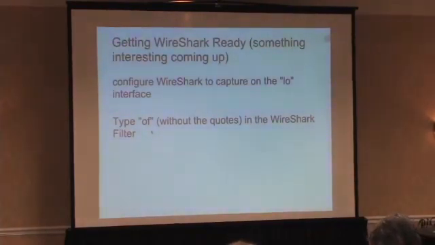And then once you do that, there is a field, wish I could point to it, but it's in the upper part of the Wireshark menu where you can type in a filter, and you want to type in OF without the quotes in the Wireshark filter. What this is going to let you do is capture and inspect the OpenFlow protocol packets that will flow between the switch created in Mininet and the OpenFlow controller that you'll start to use in a bit.